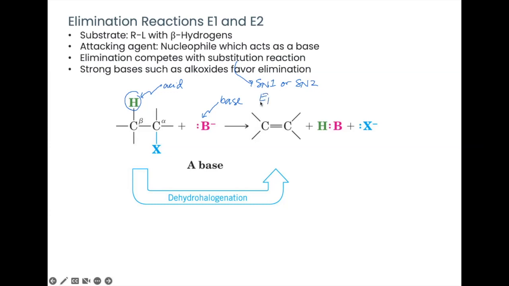E1 will compete with SN1. E2 can compete with SN2 reaction. Now, one good example of this is the use of alkoxides as the attacking agent. The alkoxide will act as a strong base, and therefore it will favor elimination reactions over substitution reactions.